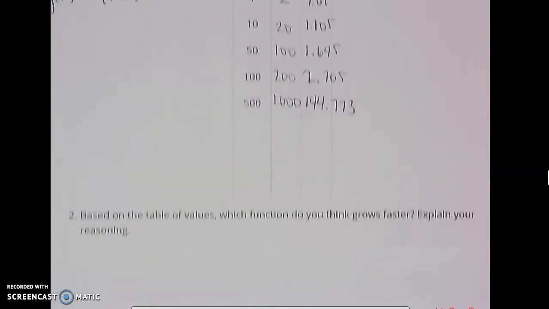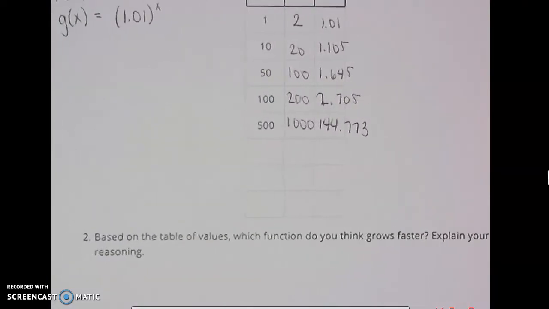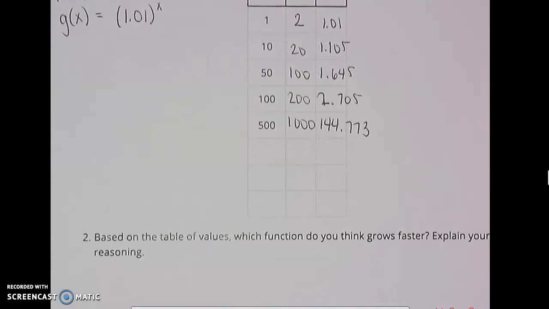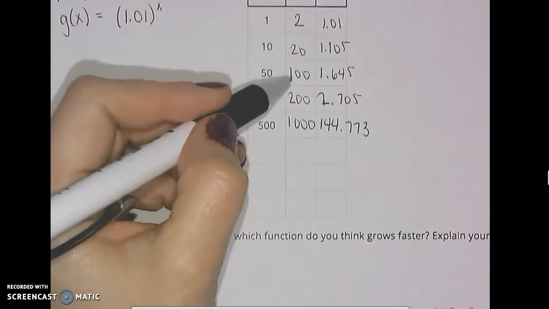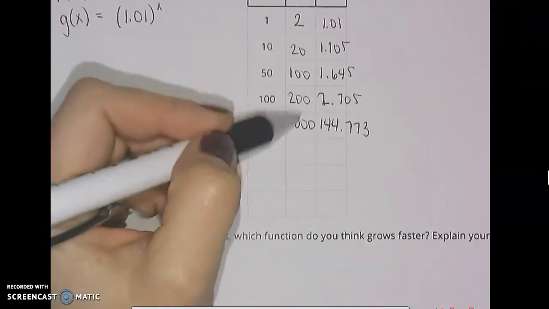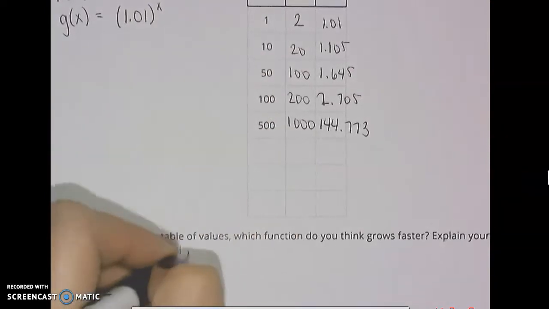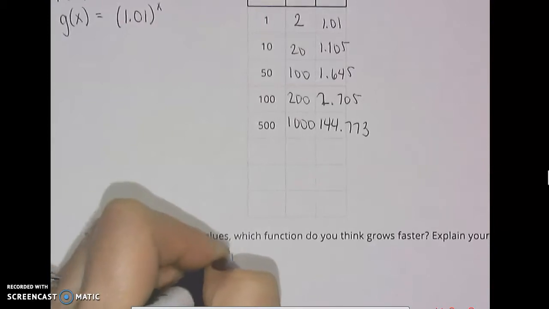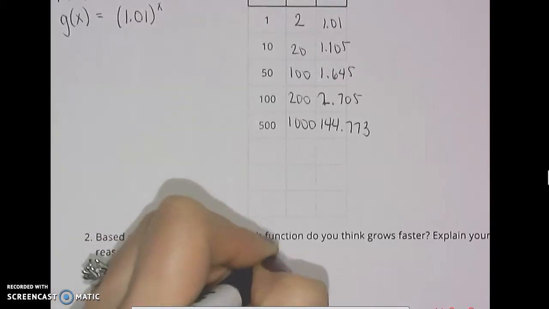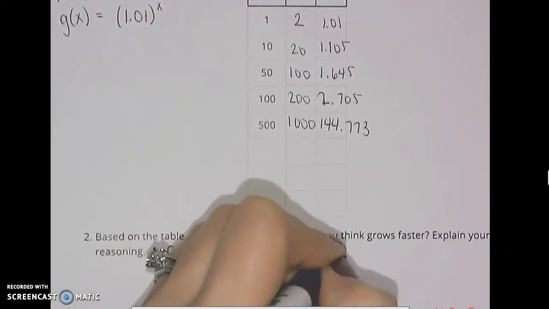Explain your reasoning. So if we're looking at this table again, which one appears to grow faster? Well, I'm noticing here, these numbers are getting a lot bigger, a lot faster than these are. So f of x appears to grow faster.